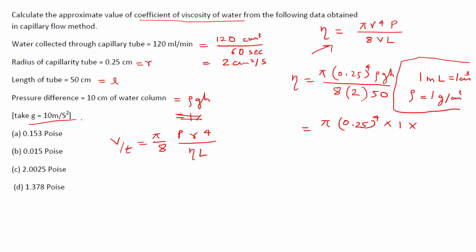That means if I put it into centimeter, 1 meter is 100 centimeter, so it will be 10 times 10 to the power 2 centimeter per second square.